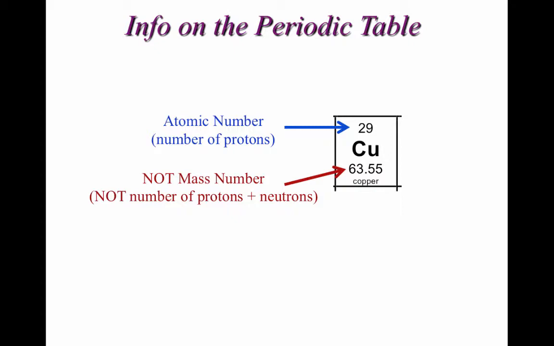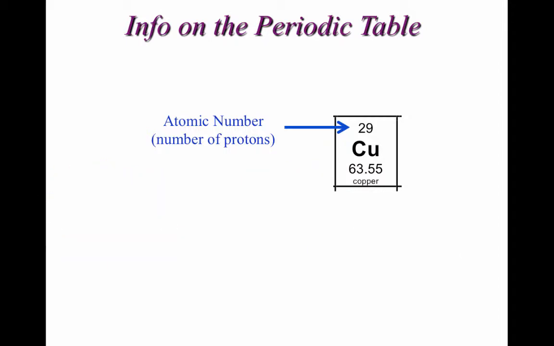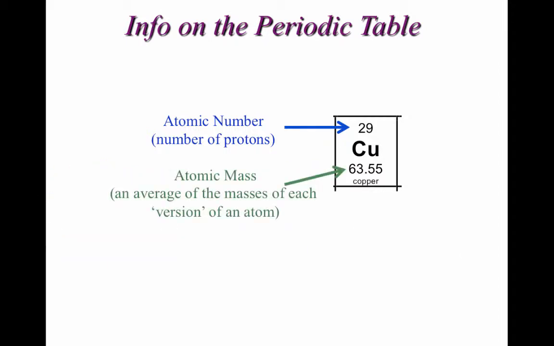Mass numbers are the number of protons and neutrons. And you couldn't have 34.55 neutrons, right? So this number down here is not a mass number. It's a number that we call the atomic mass. And like I said before, we will get to that in our next lesson. For now, just suffice it to say this is a kind of average. So that's why oftentimes you find numbers that are not whole numbers.